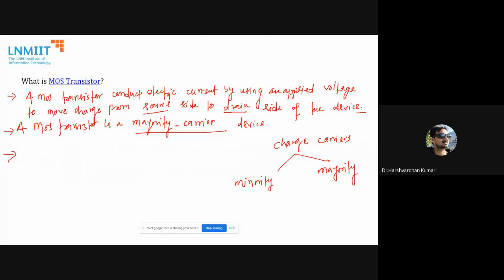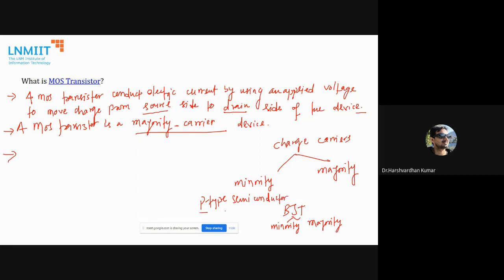In case of BJT, BJT stands for bipolar junction transistor, right? A bipolar junction transistor means it has both the carriers, minority and majority. Let us talk about the p-type semiconductor.